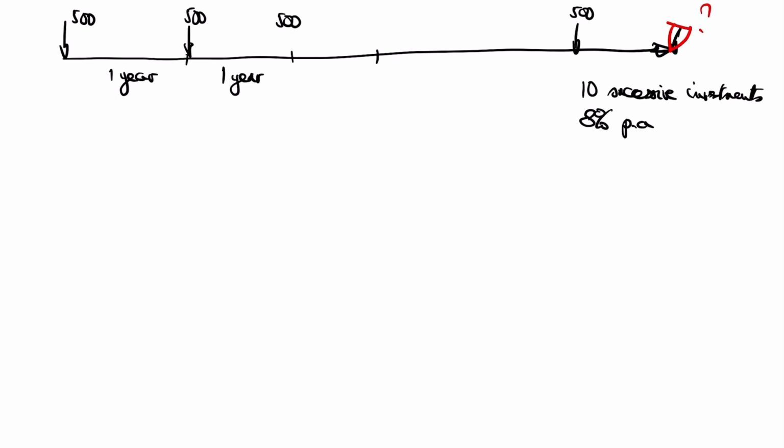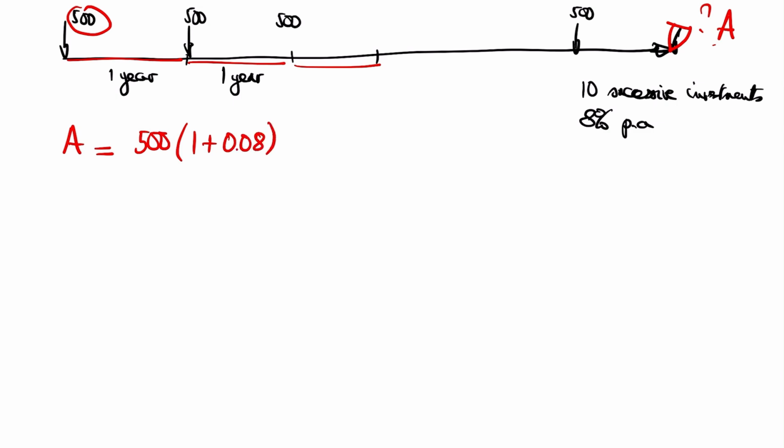Okay, so what we get there, which I'm going to call A. A is made of what? A is made of this first 500, which runs over 10 periods, 1, 2, 3, and so on. So it's 500 times (1 plus 0.08) to the power of 10. Okay, so that's for this first one.